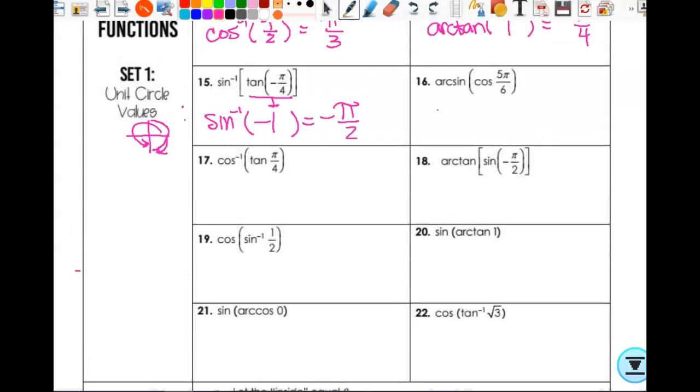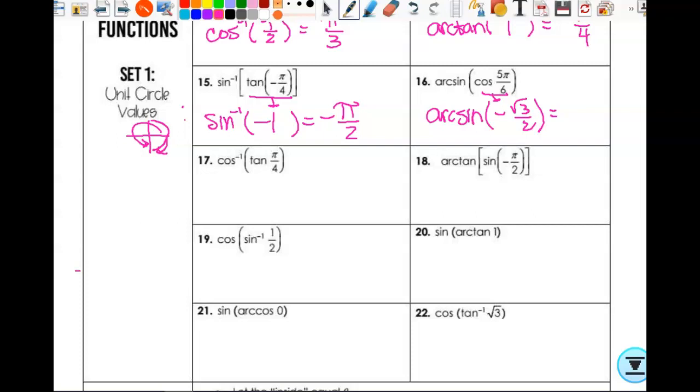What questions you got? All right. So then we have the arc sine of the cosine of 5 pi 6. What's the cosine of 5 pi 6? Negative square root of 3 over 2. All right, so arc sine, this is negative. So what quadrant does it have to come from?